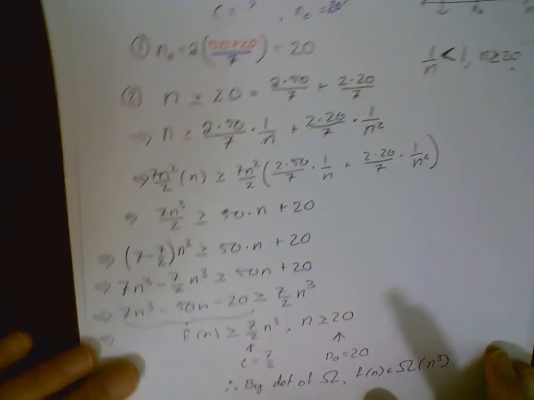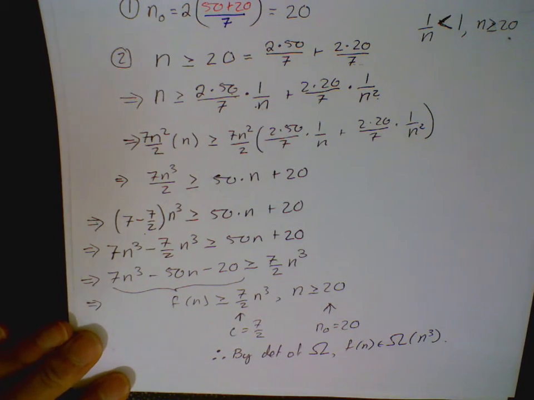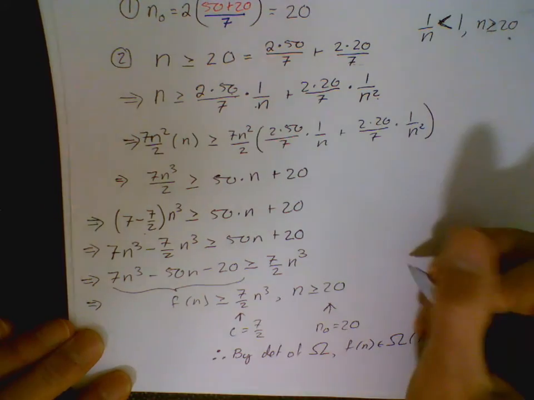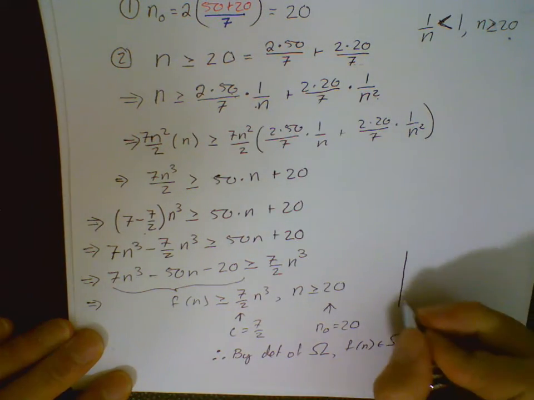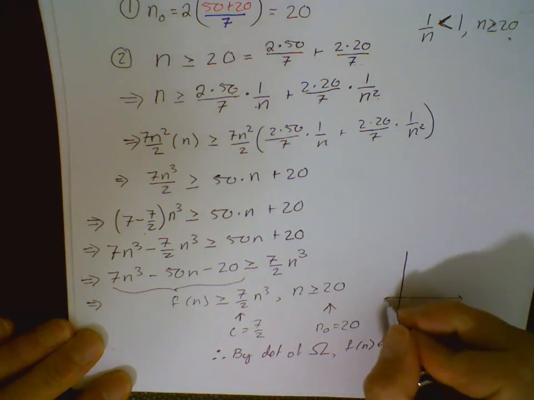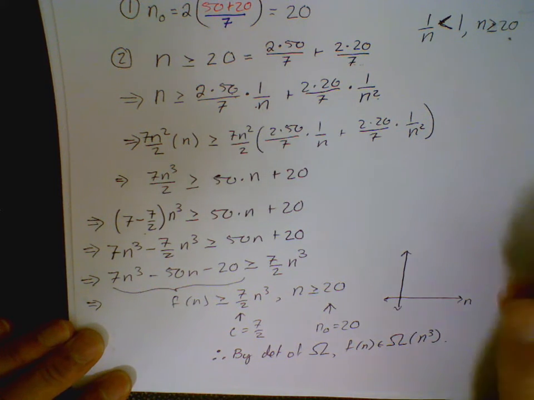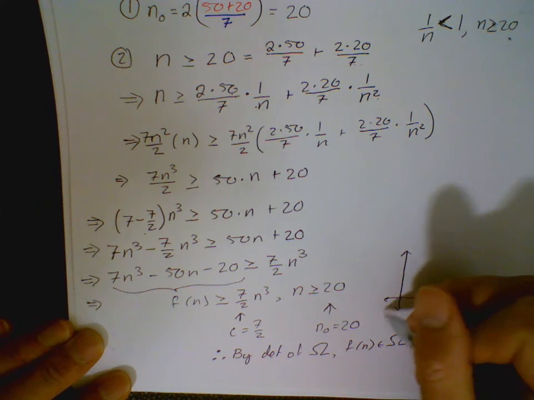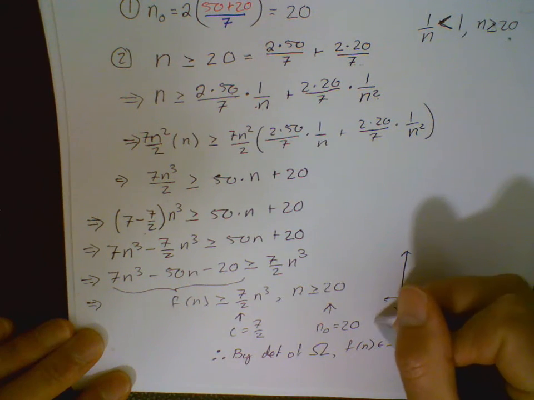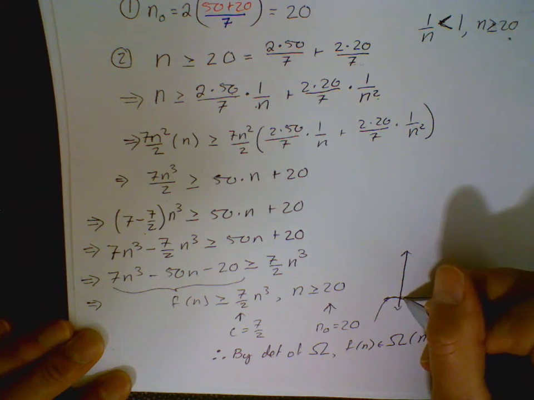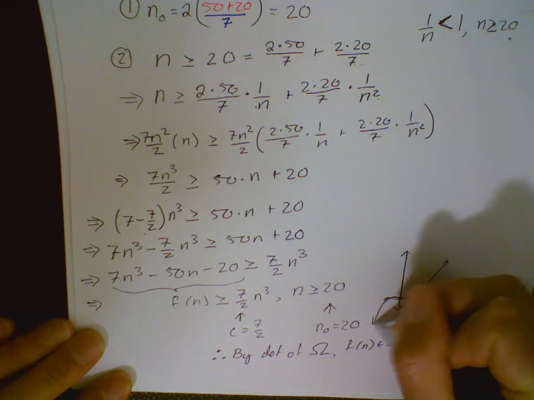Now let's see. If you were to look at this on a graph, like on Desmos, you would probably see that this n naught is actually much larger than it needs to be. So on Desmos, you would see f of n looks something like, that's a quadratic, so it's a cubic, I'm sorry, it's a cubic, so it looks something like this is our f of n.